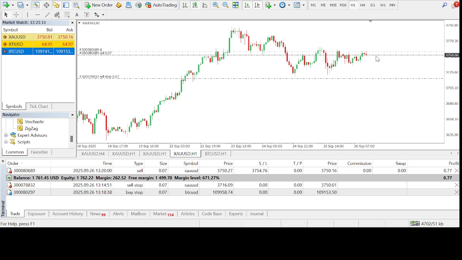So I'm going to do a recap of what I've said. One is a market order. A market order is when you make your entry based on the current market price. I've also spoken about limit orders and stop orders. For the limit orders, we have buy limit and sell limit.